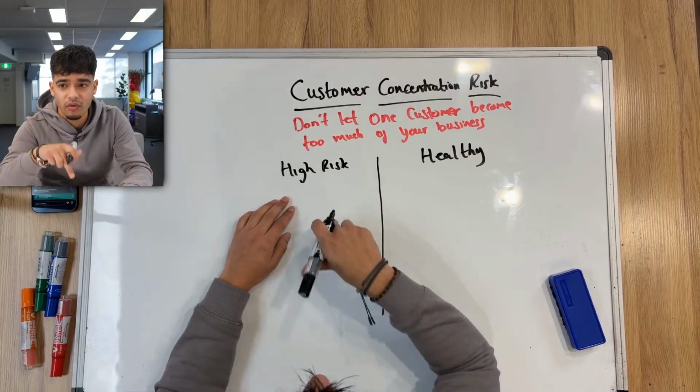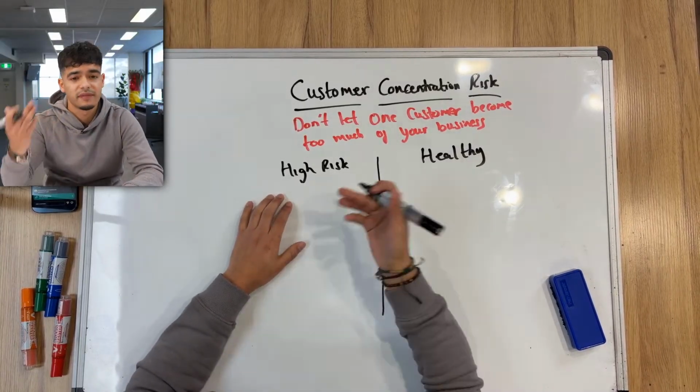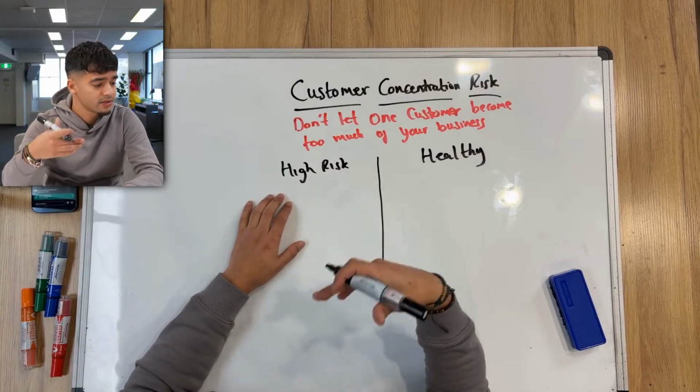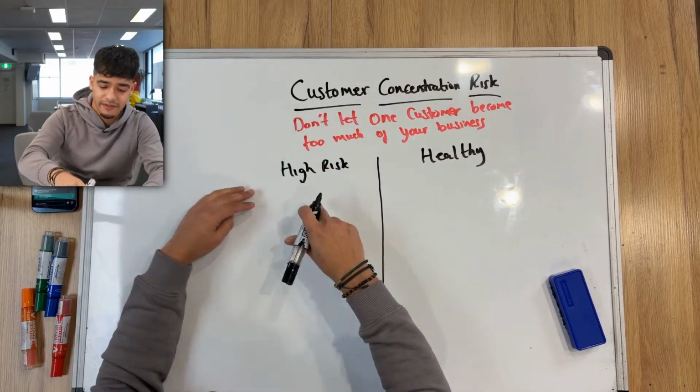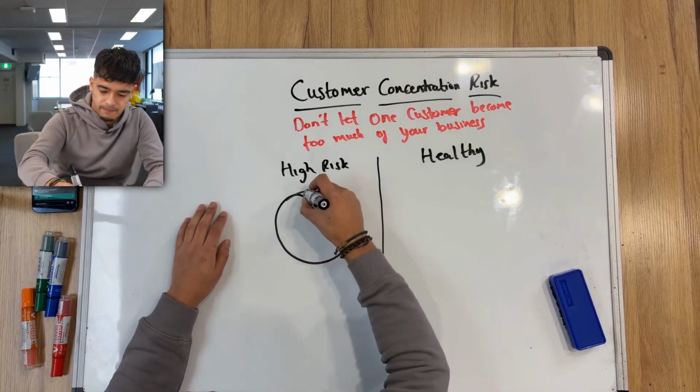If your business is on this side and you're, let's say, selling high ticket offers, let's say your services are $500, $1,000, $5,000, $6,000, $10,000, this is very, very risky, what I'm about to show you. Here's a pie chart.